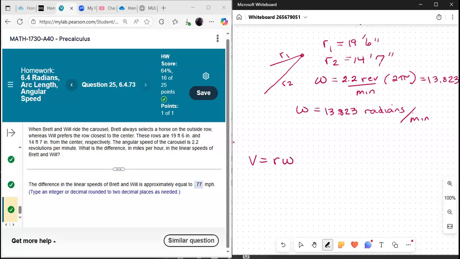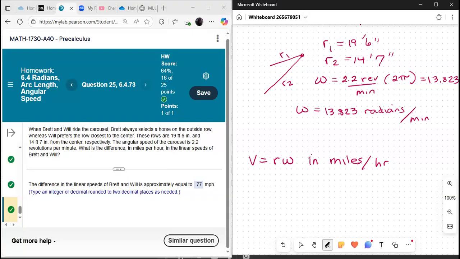So our radius has to be in miles, and our angular speed has to be in radians per hour. So we want this in miles per hour.